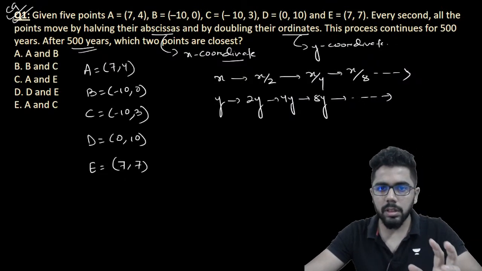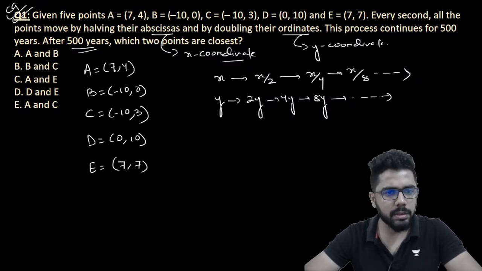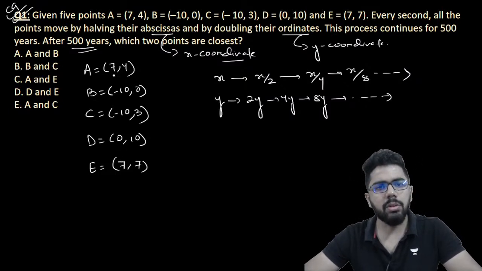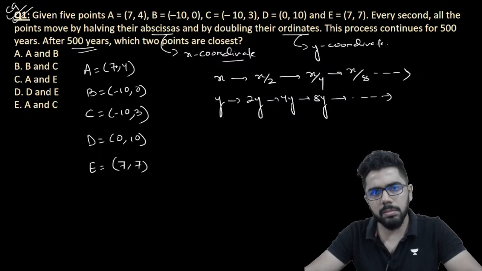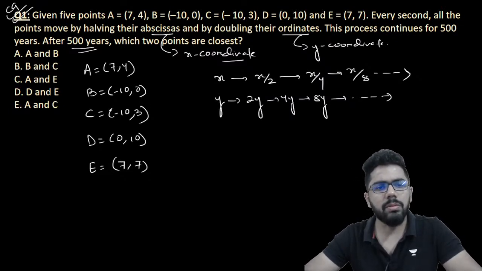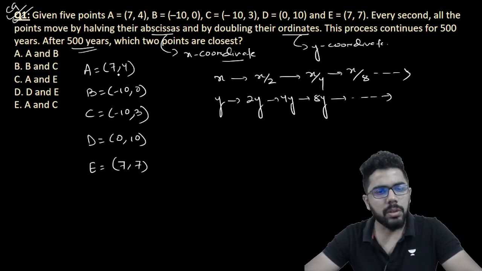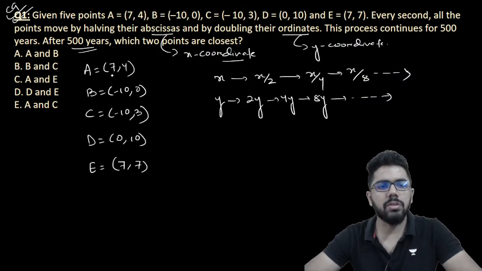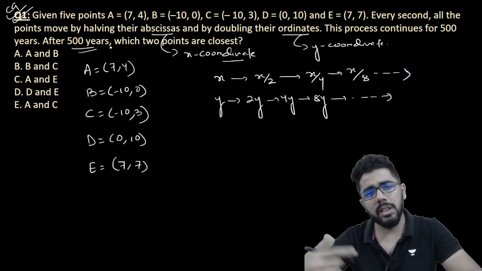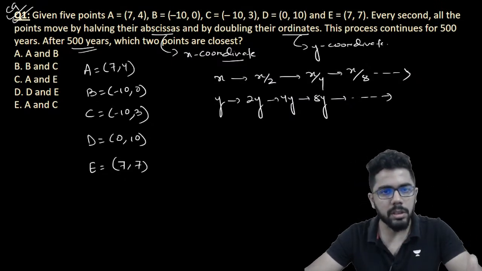If you do this for 500 years, I can say the x coordinates are not going to be large. If you halve 7 five or six times, it will come to 0.something. 10 will also come there in 3-4 times. So at most in 5 seconds, all of these will be 0.something. Now if I keep doing this for 500 years, imagine the number of times you would have done this.